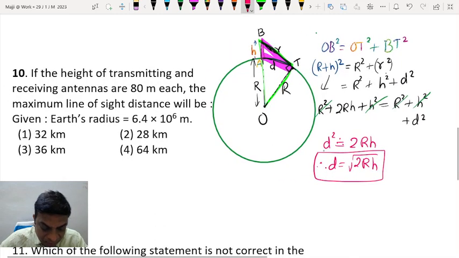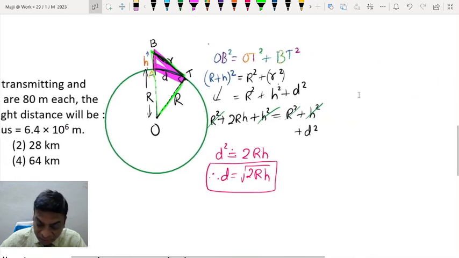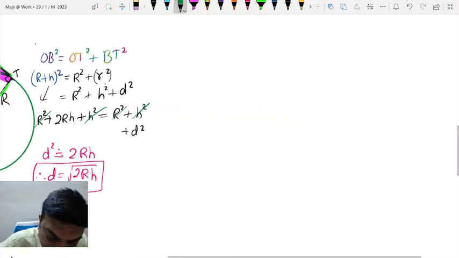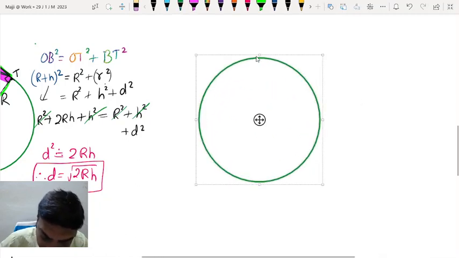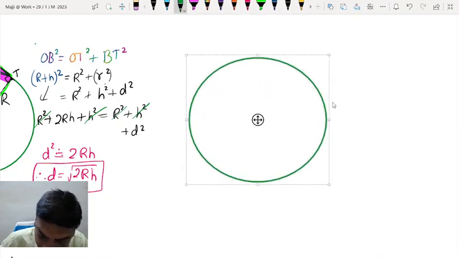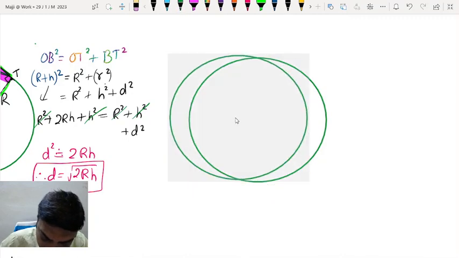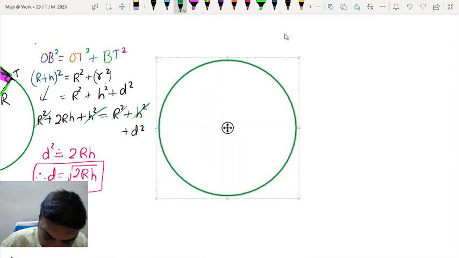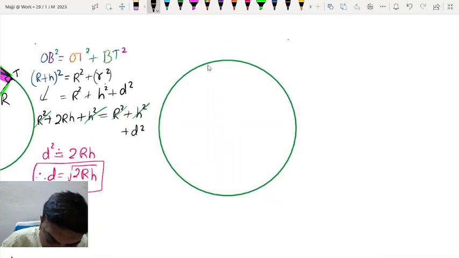Now in this particular case, we have been given the heights of transmitting as well as receiving antennas, and we have to find the maximum line of sight distance. So let us see how we can solve this. So this is the earth. Then just draw two tangents here.